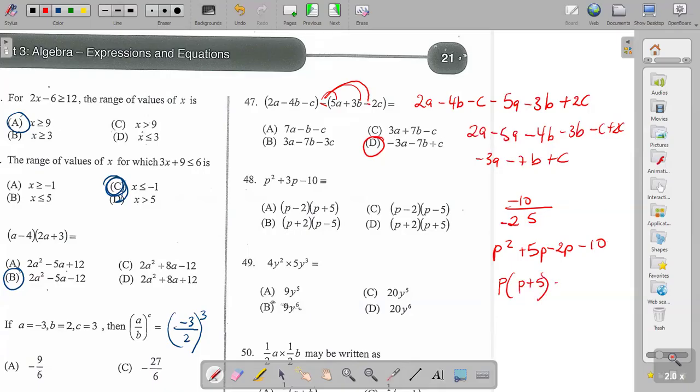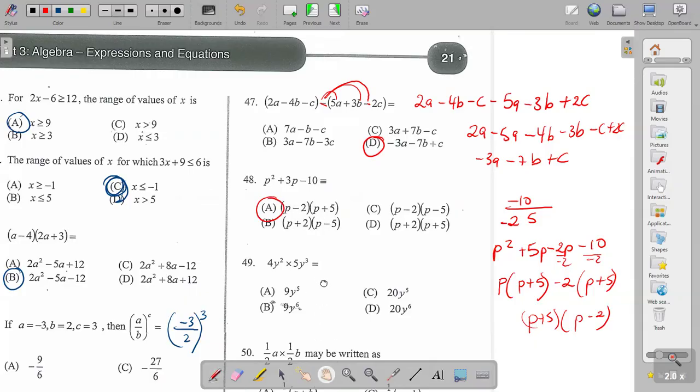Pull out the two negatives, it will be negative 2 times p plus 5. Because if you divide by negative 2, you get positive p and positive 5. These match. p plus 5, p minus 2. So what is that? Plus 5, minus 2.